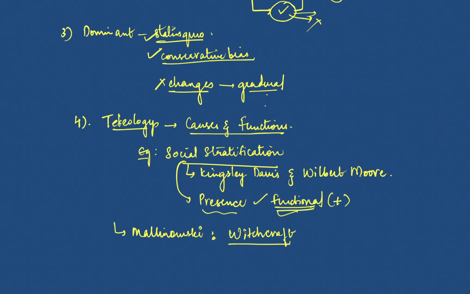So he tells that the mere reason that witchcraft exists in the society means that it is functional. See, do you identify the way these people are, right? They basically say that since it is present, it is functional. So because witchcraft is still present, it is functional. They don't bring out the bad things of it. They just say that if something is there, that means it is perfect and it is important for the society.